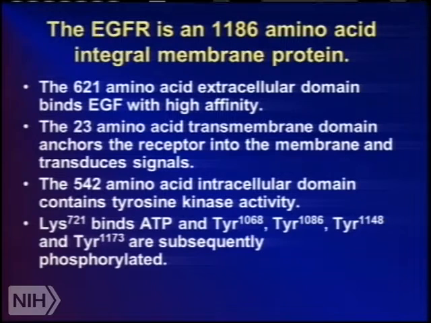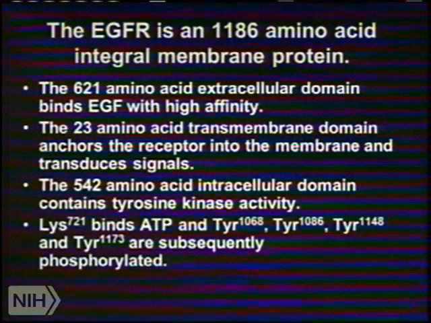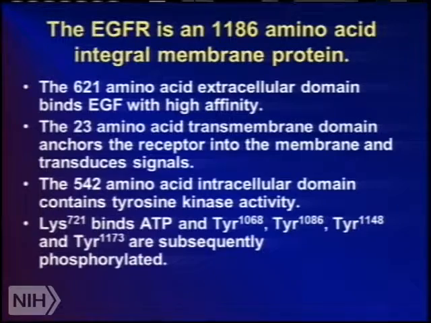But then a way in which the EGF receptor terminates its signal is it will tyrosine phosphorylate itself. And in the lab, we especially look at this tyrosine phosphorylation of 1068.